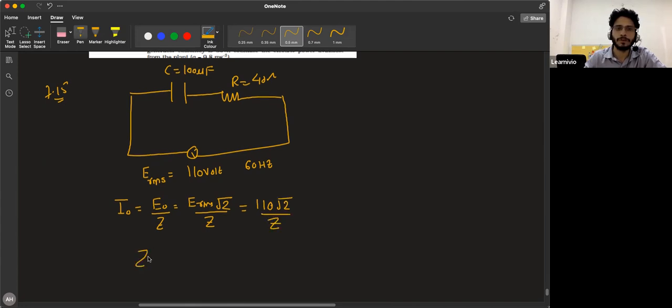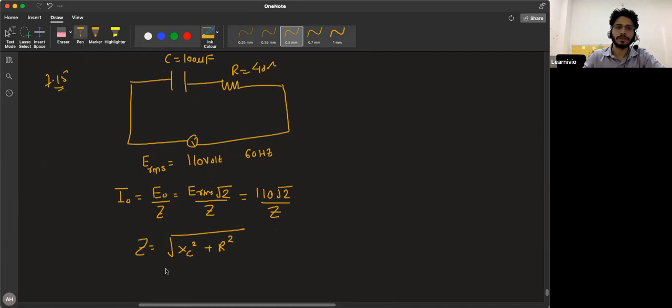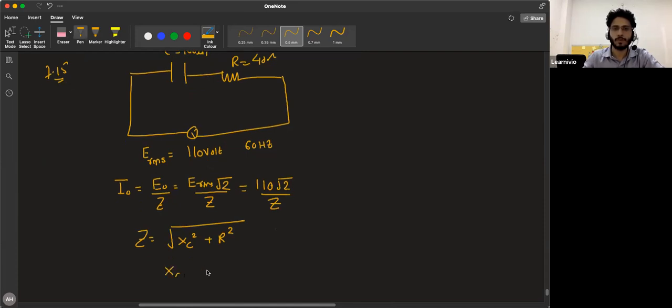Now we can calculate Z also. That Z is root over XC square plus R square. Next, what we can do is we can calculate the value of XC. How much is XC? XC is 1 by omega C. How much is omega? Omega is 2 pi nu.